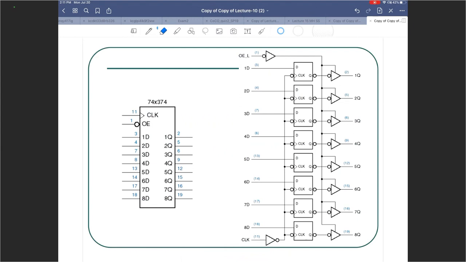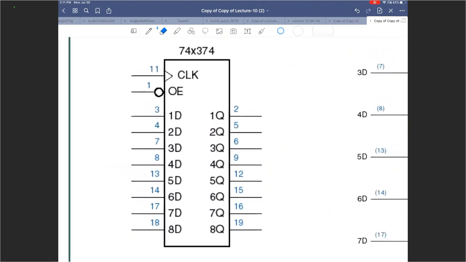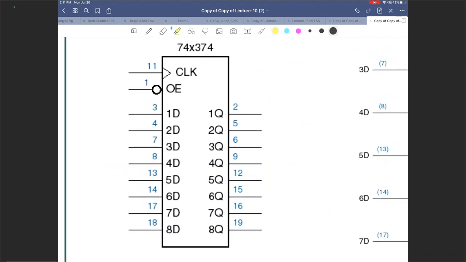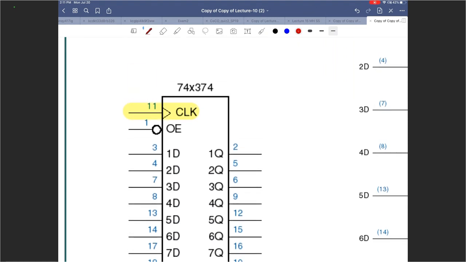74X374. Now let us try to go through in the same manner. Let us start from all the way to the left. That should tell you that it is a positive edge triggered design. Things are happening based on a positive edge of the clock.